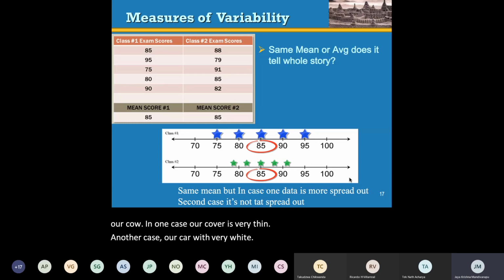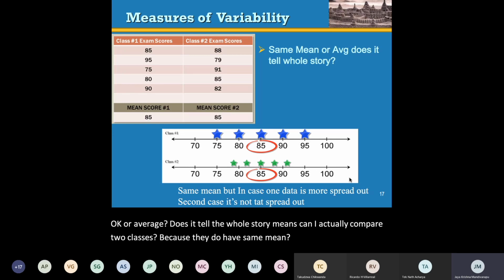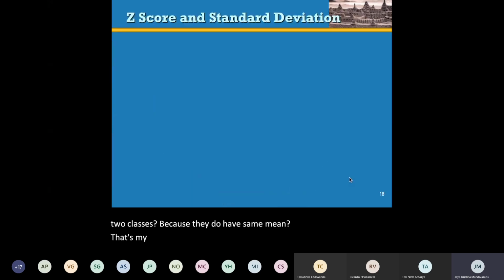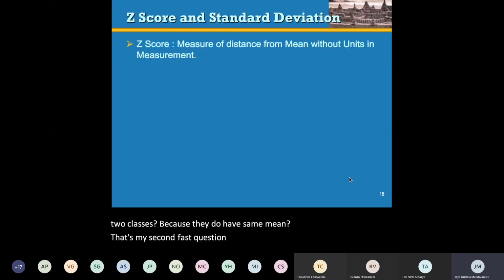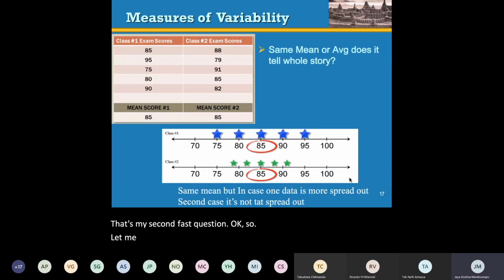Okay, same mean or average, does it tell the whole story? Can I actually compare two classes because they do have the same mean? That's my first question. Anyway, let me finish that answer. You cannot actually compare two classes if they have the same mean.